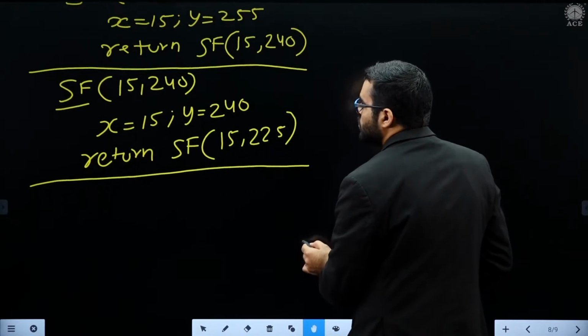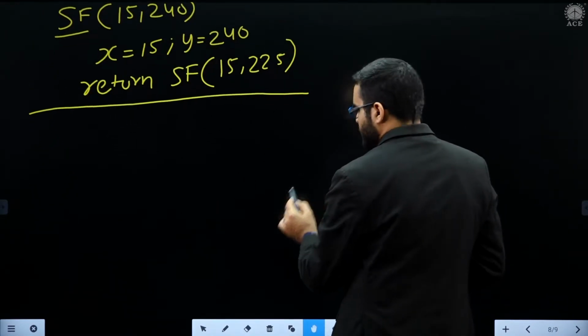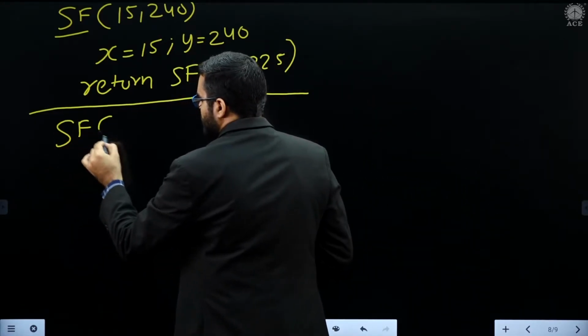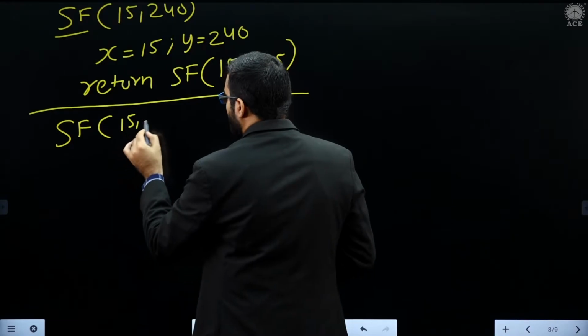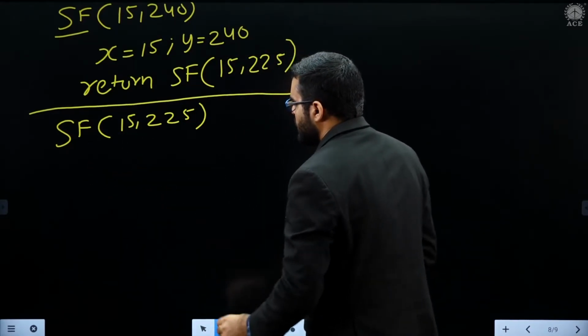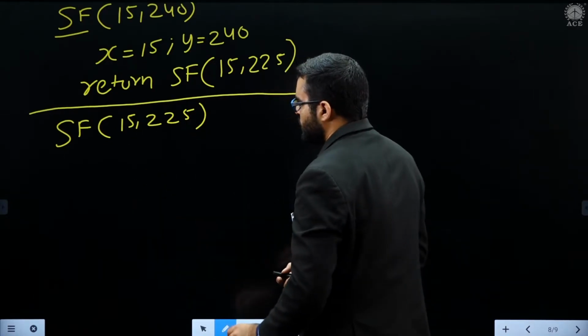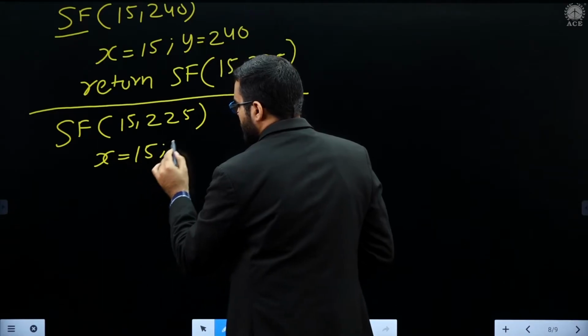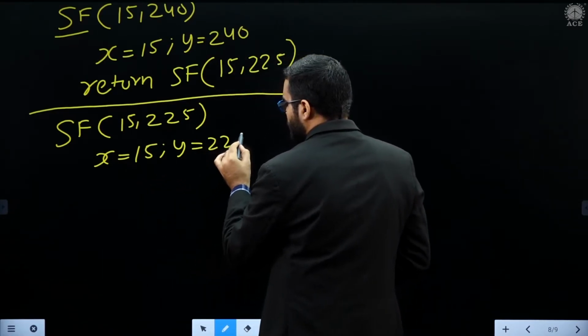When I call this SF for 15 comma 225, variable x will have value 15 and variable y will have value 225.